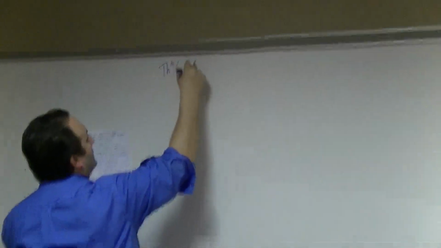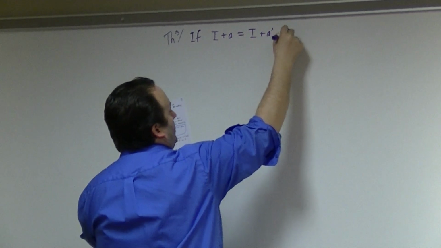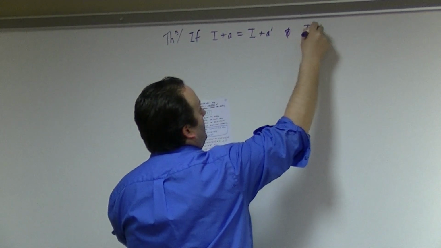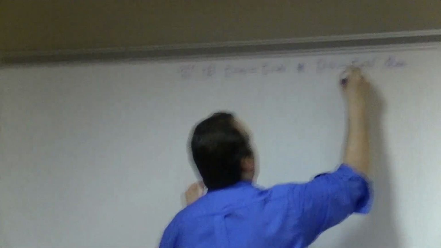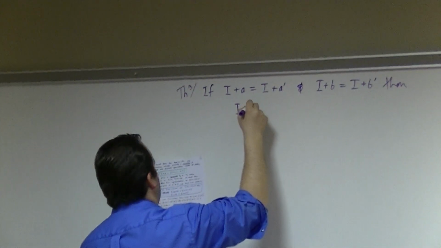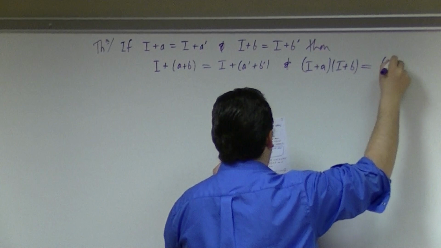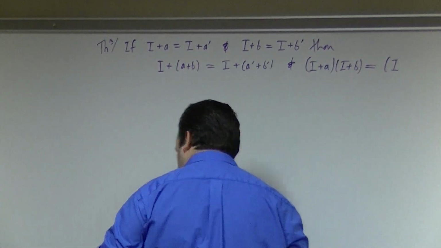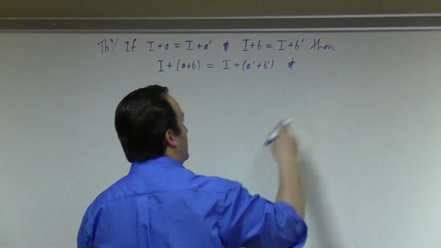Here's the theorem. If I plus A is equal to I plus A prime, and if I plus B is equal to I plus B prime, then I plus A plus B is equal to I plus A prime plus B prime, and also I plus A times I plus B is equal to, oh, sorry, that begs the question.